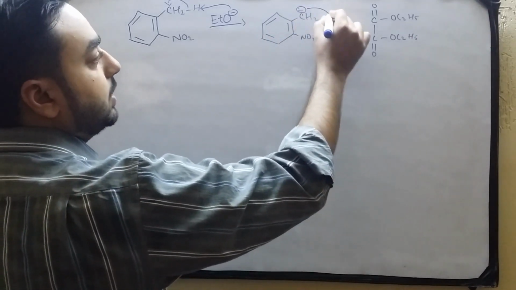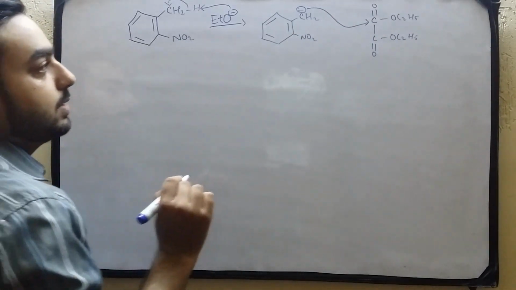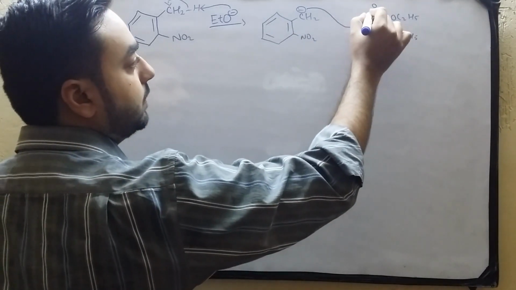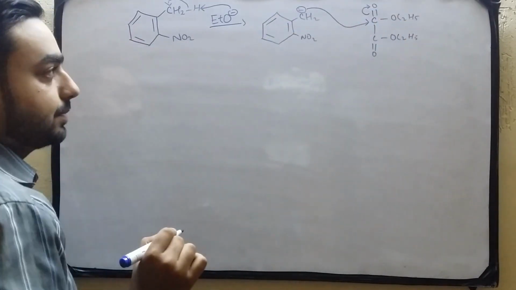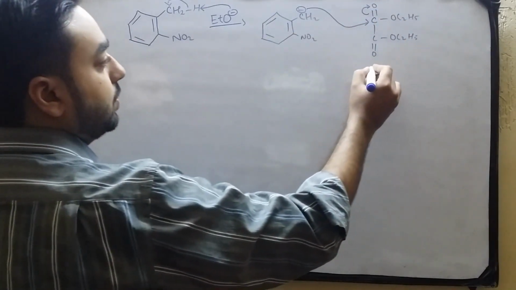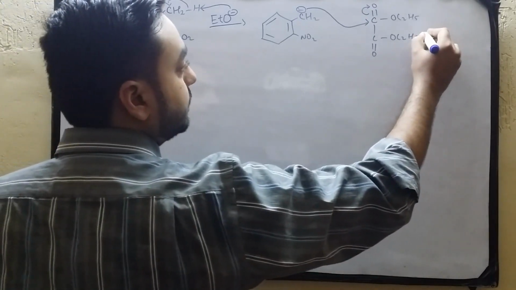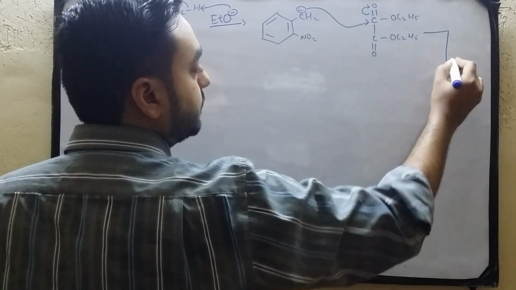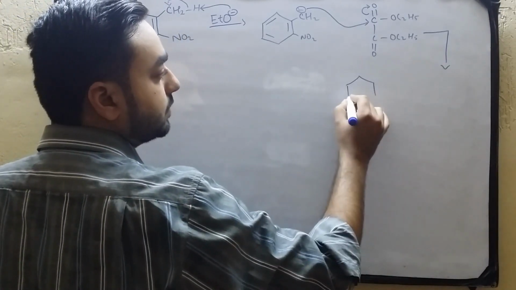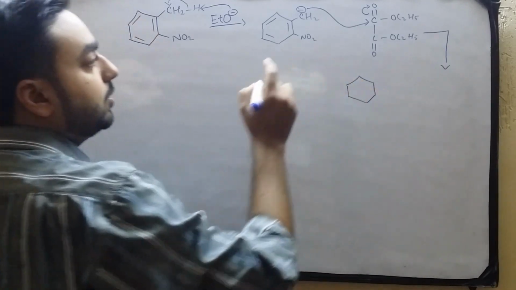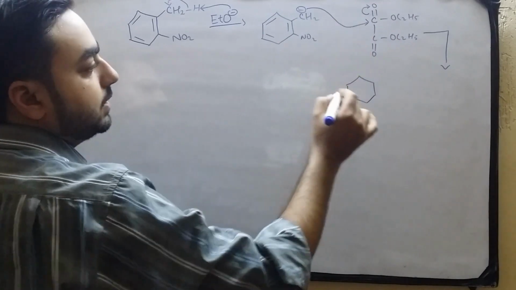This negative charge will attack on this carbonyl carbon, as a result of which a pi bond will break and it will shift on this oxygen. So what will happen? A bond will be established between this carbon and this carbon.